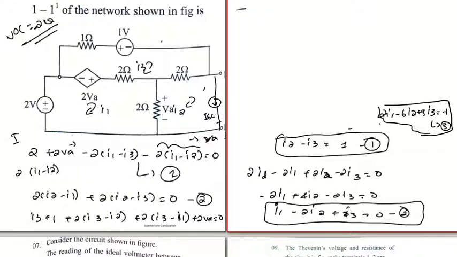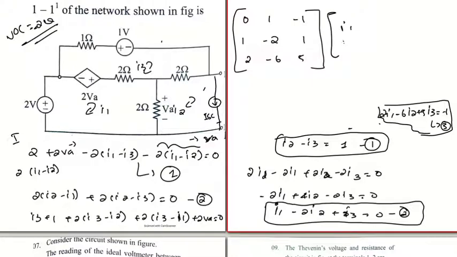Okay, so the first mesh equation is I2 minus I3 equal to 1, so it will be minus 1, and the second is I1 minus 2I2 plus I3. Okay, and the third mesh equation is 2I1 minus 6I2 plus 5I3.